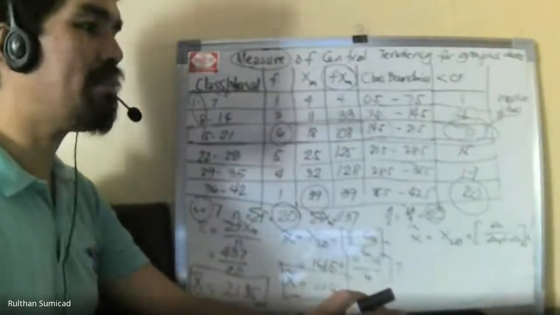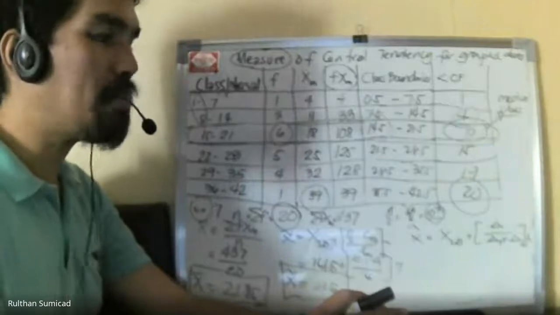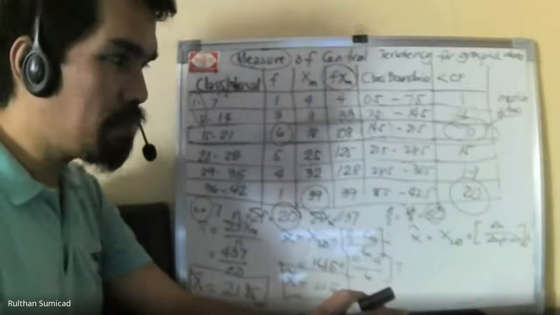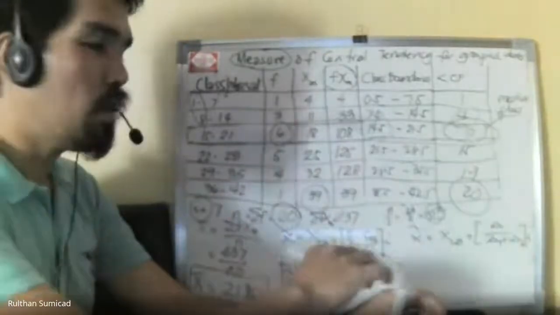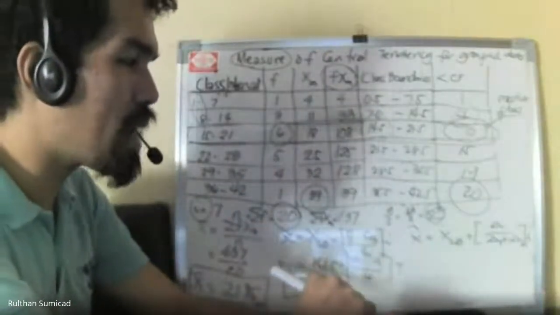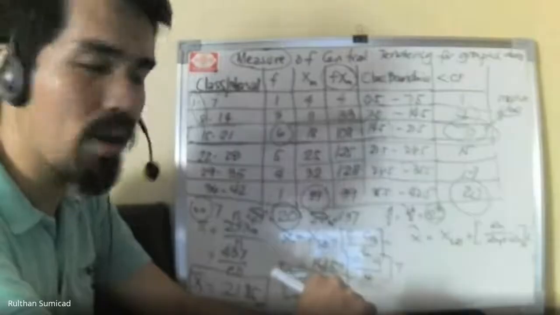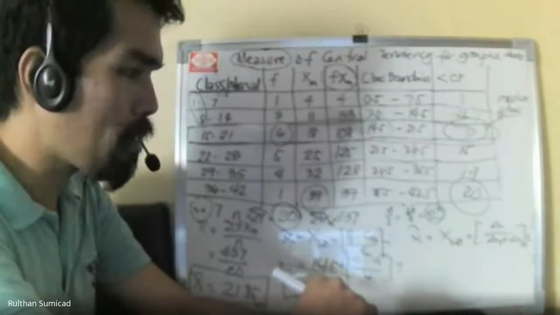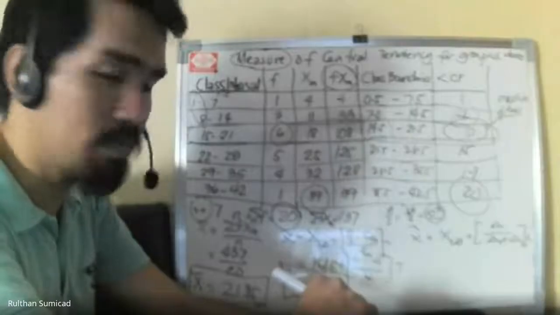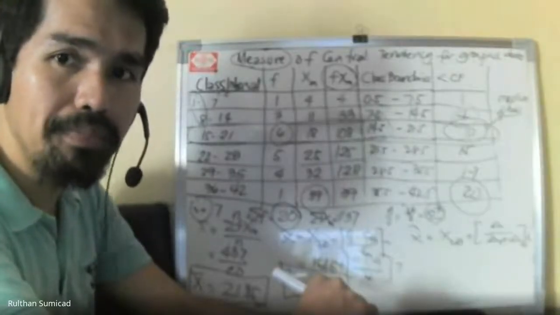We have delta 1 divided by delta 1 plus delta 2 and then multiply with our width. Now, who can give me at least maybe an idea about the formula? Who can tell me what are the variables involved? Anyone?